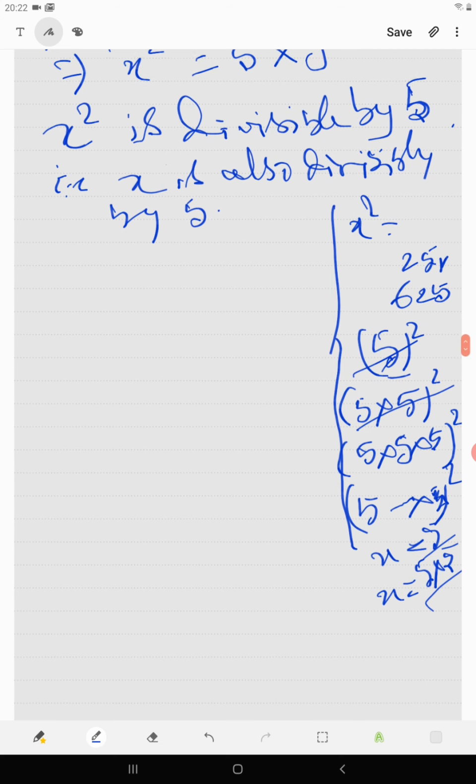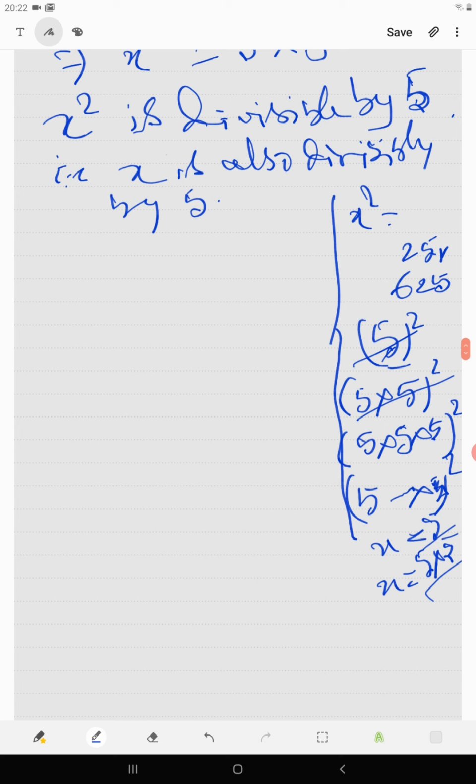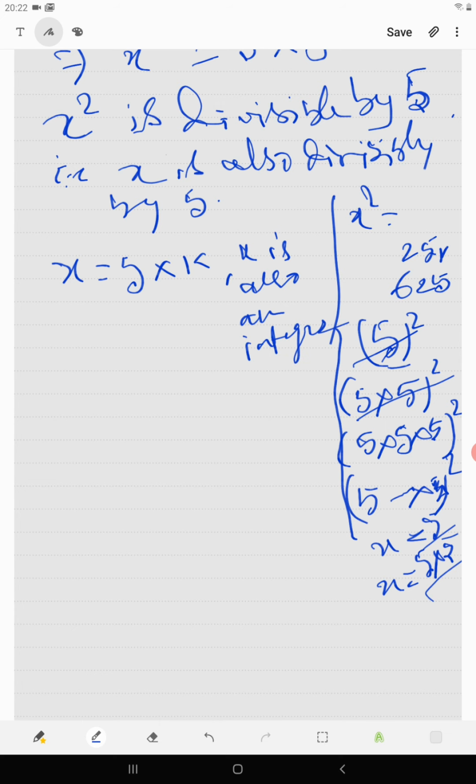Okay. Now if x is divisible by 5, then I can write x equals 5 multiplied by some number k, where k is also an integer. So x can be represented as 5 into some number; then only it will be divisible by 5.